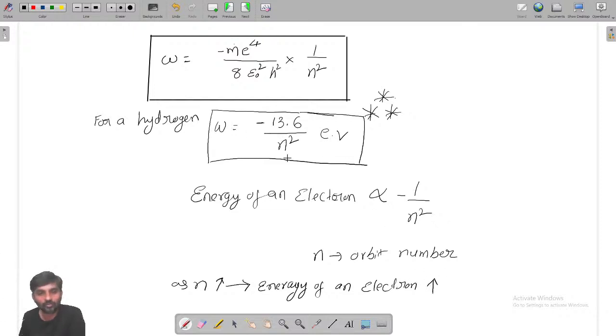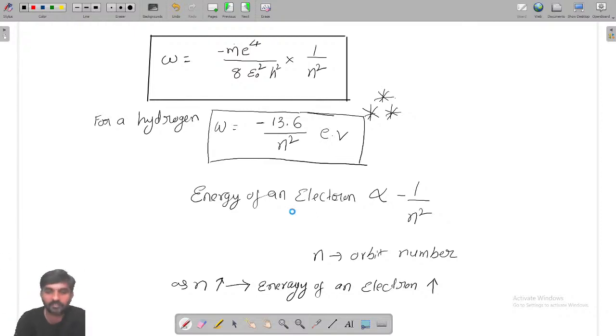Though the energy of an electron is inversely proportional to the orbit number, here you have a negative sign. Because of this negative sign, if the orbit number is increasing, the energy of the electron is increasing.